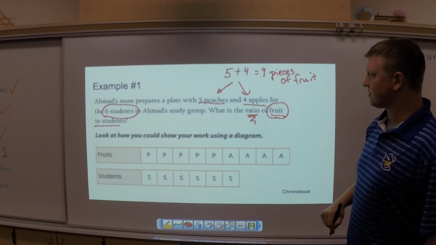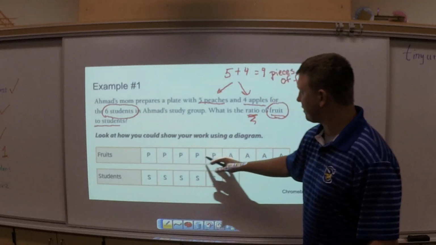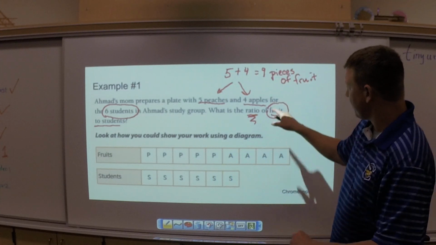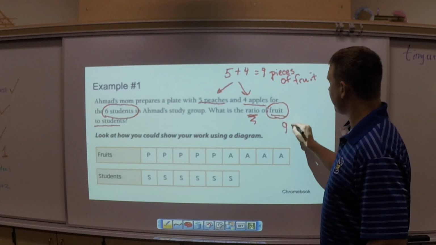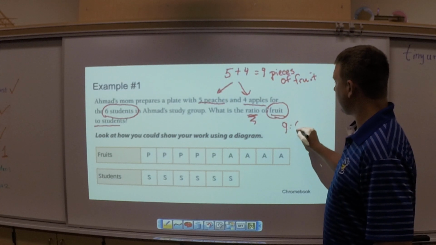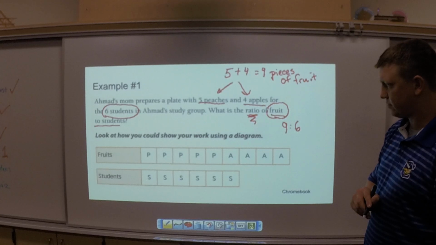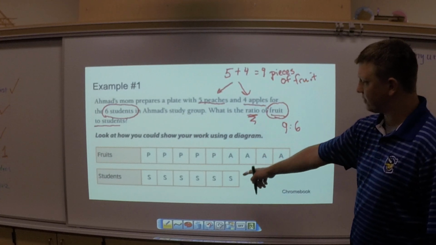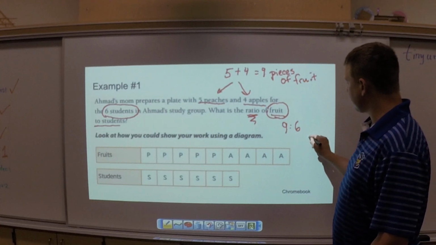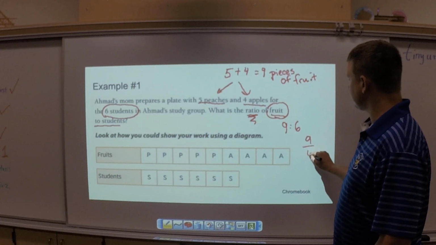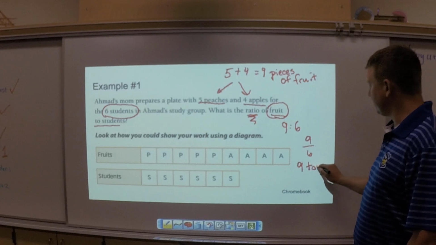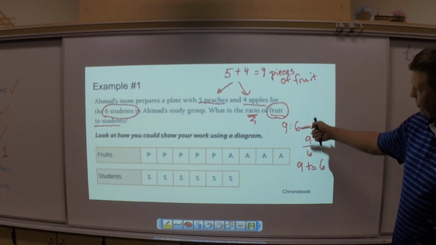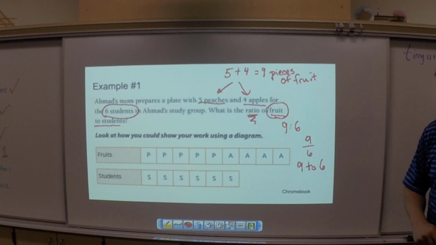You can see them all right here. So it would be in that order. Fruit to students would be written like this: 9 pieces of fruit for every 6 students. 9 here, 6 there. You could write it that way. You could write it this way: 9 to 6. Or you could use words: 9 to 6, like that. 3 different ways we can write it.